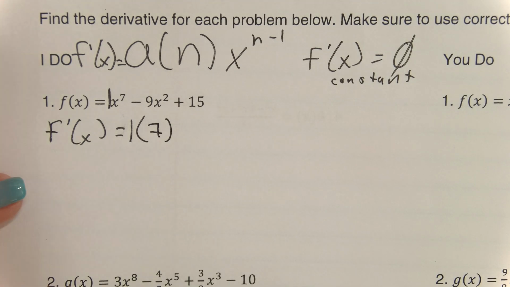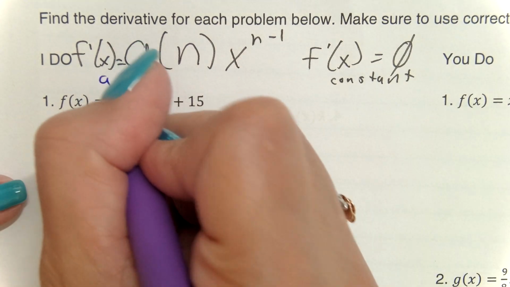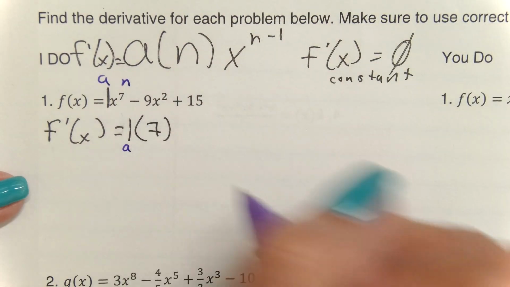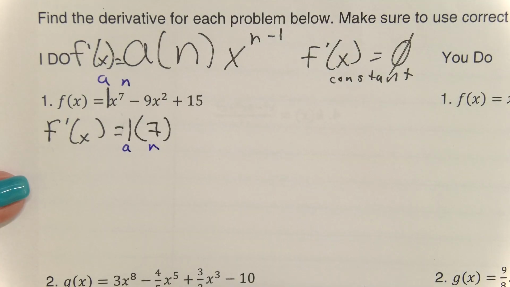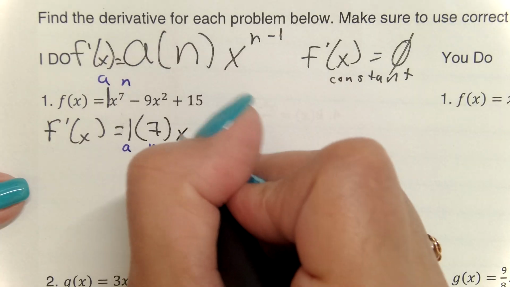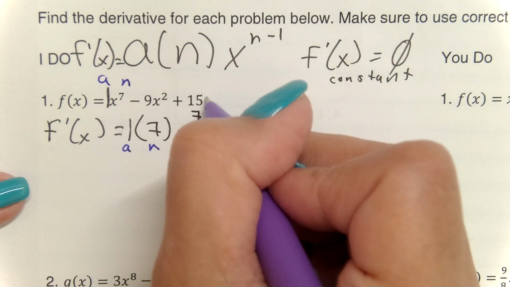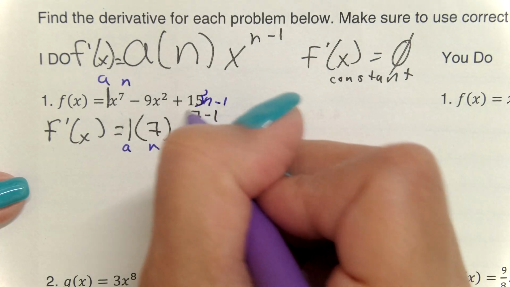Let me label it so you can see what I'm talking about. This is A, this is N. And then I'm going to subtract 1 from the exponent. This is not connected. This is N minus 1.